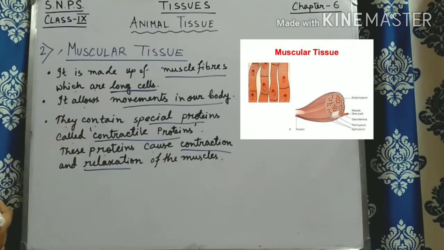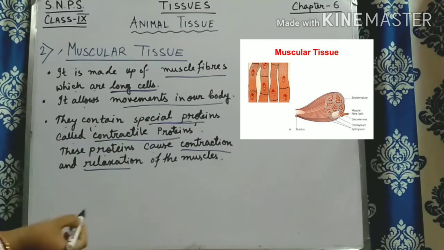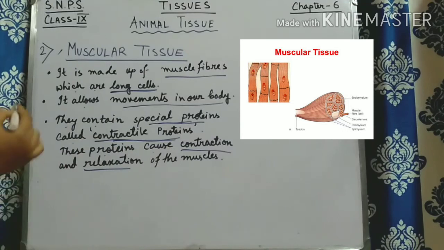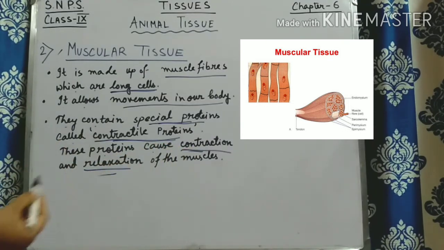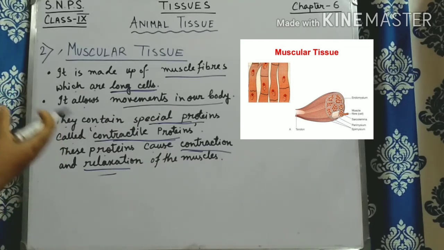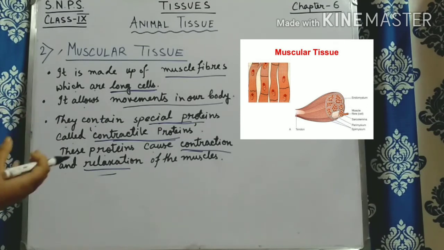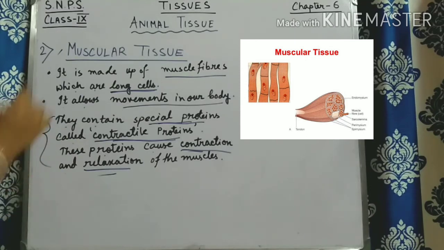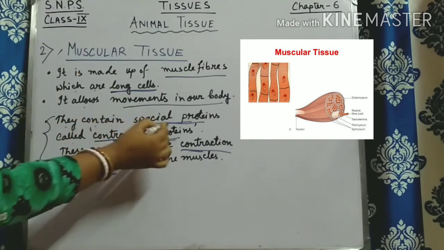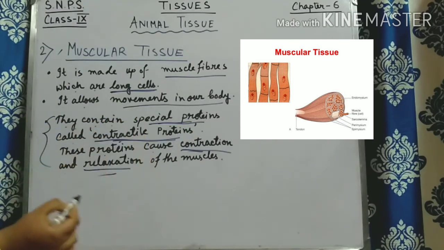If a question comes up as to why the muscles contract or relax, why do the muscles move, the answer will be that the muscular tissue contains special proteins called contractile proteins. These proteins cause contraction and relaxation of the muscles. So this will be the answer to this question.